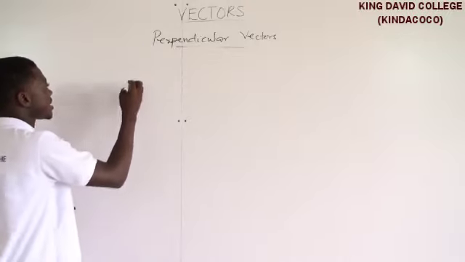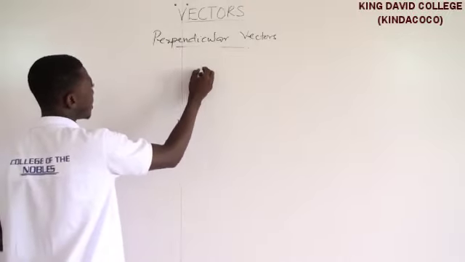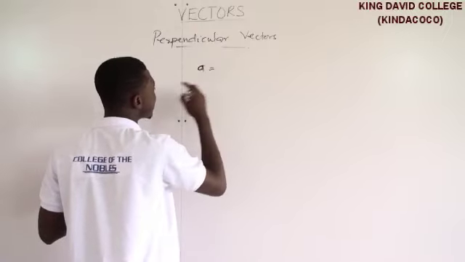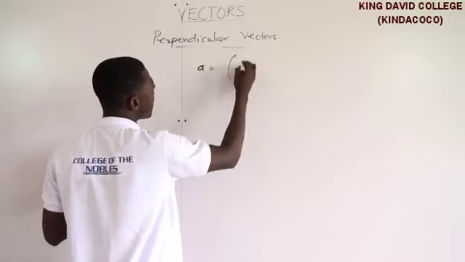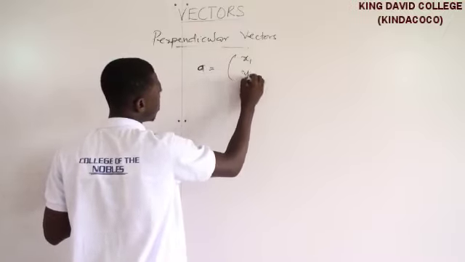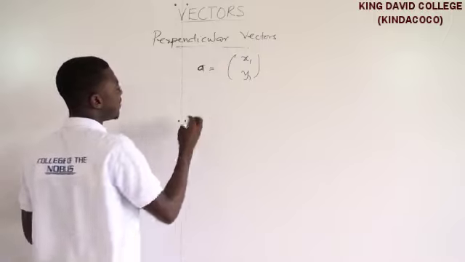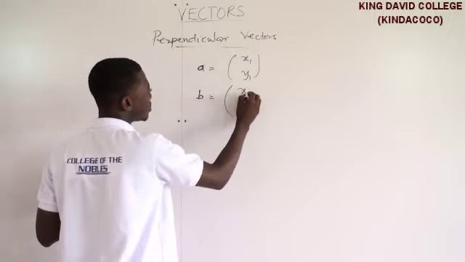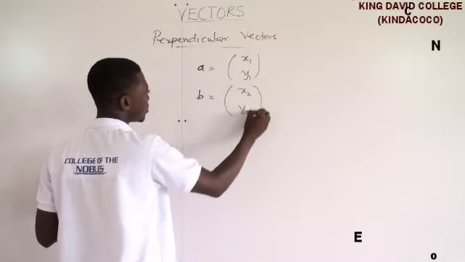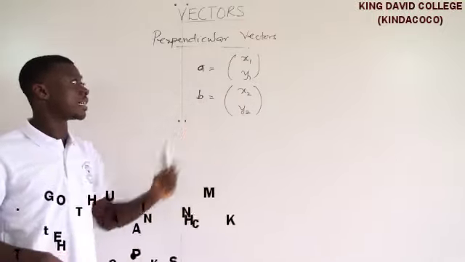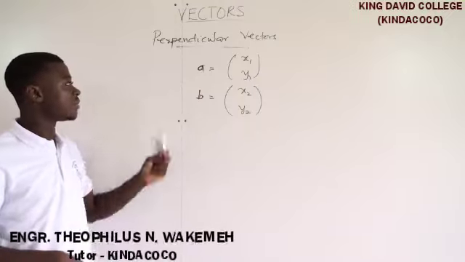Let's say, for instance, I give you vector A, which is x1, y1, and then vector B, which is x2, y2. So we have vector A and vector B.